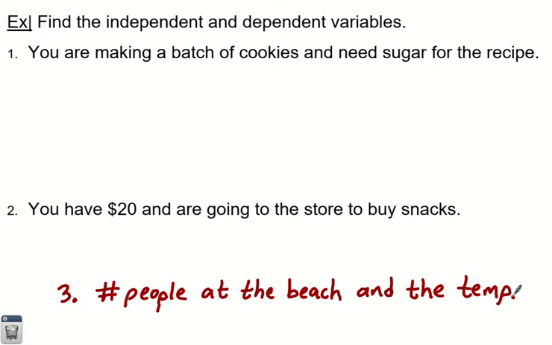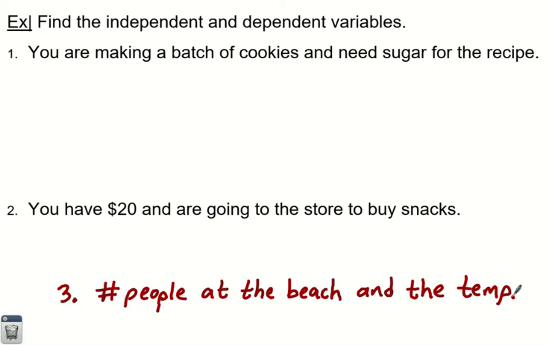You could say the number of cookies I can make will depend on how much sugar I have. But for right now, let's say that you want to make a certain number of cookies, so the number of cookies could be a little more independent, and the amount of sugar you would need depends on that.